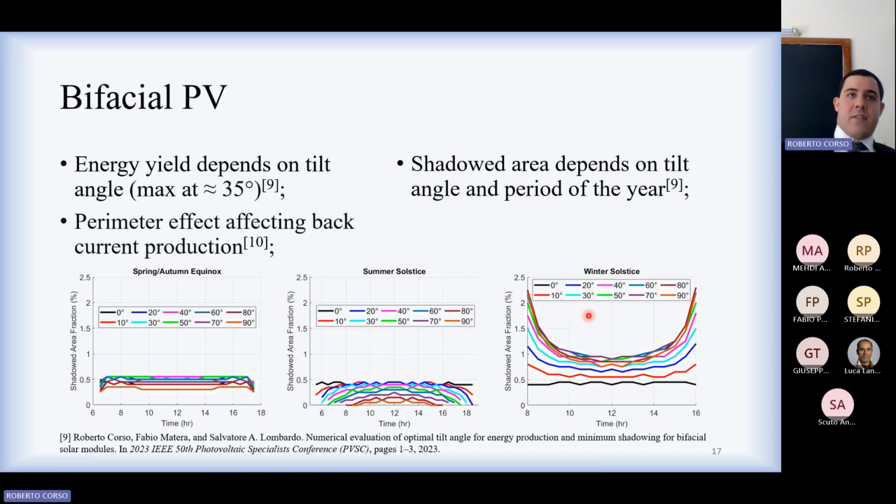This means that, as it is easy to imagine, in winter we have longer shadows. And while the result may not be surprising, this will come in effect when thinking or studying agrivoltaic systems.